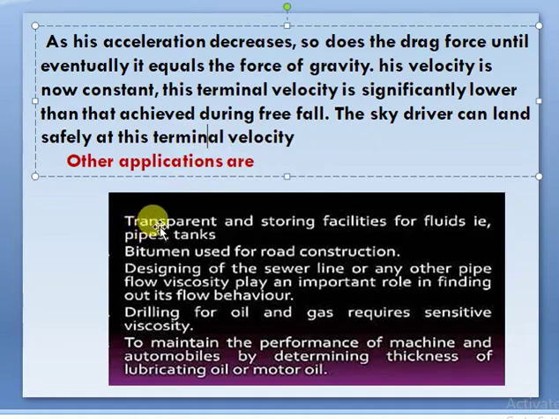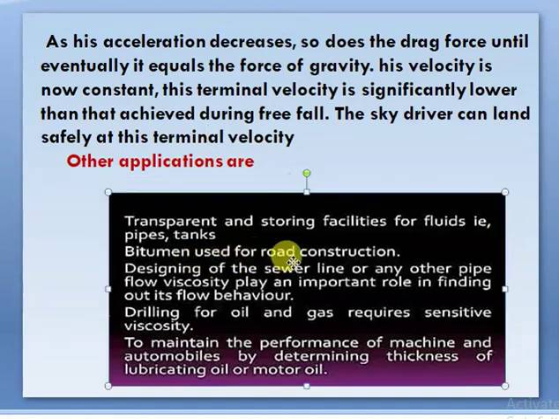We have other applications of viscosity. We apply them in transporting and storing facilities for fluids, for example, your pipes and your tank. So it is viscous liquid that is used in making our pipes. Another one, bitumen that is used for road construction.